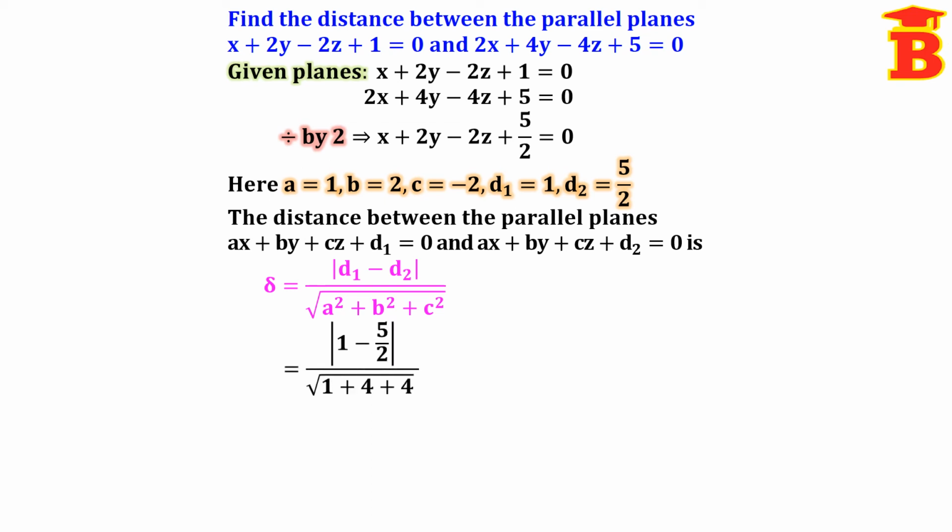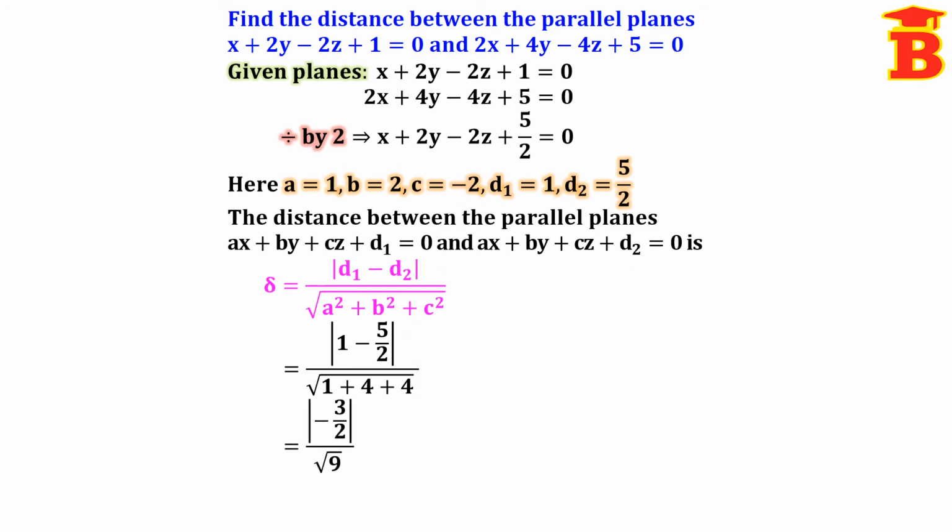This is equal to modulus of d1 is 1 minus d2 is 5 by 2, divided by root of a square 1 square 1 plus b square 2 square 4 plus c square, squaring this positive, so 2 square 4.